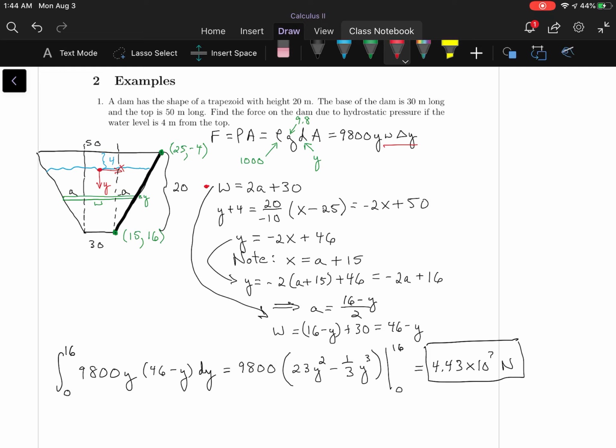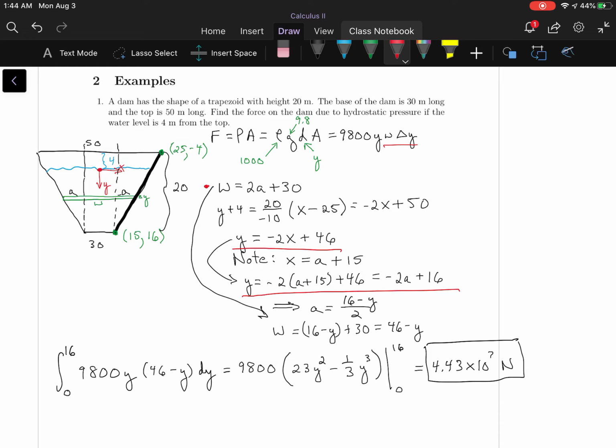And now using those 2 points and the slope intercept formula, I end up finding that y is equal to negative 2x plus 46. I jumped ahead a little bit, so I apologize for that.